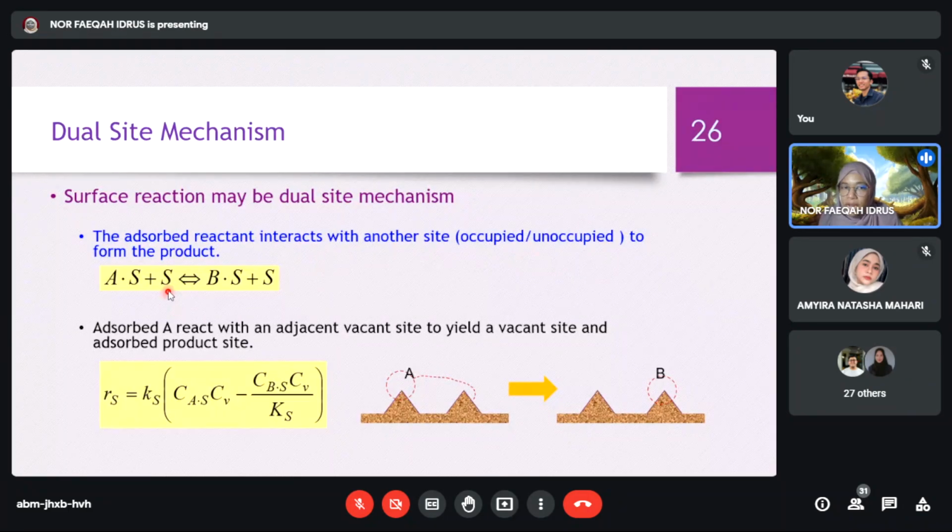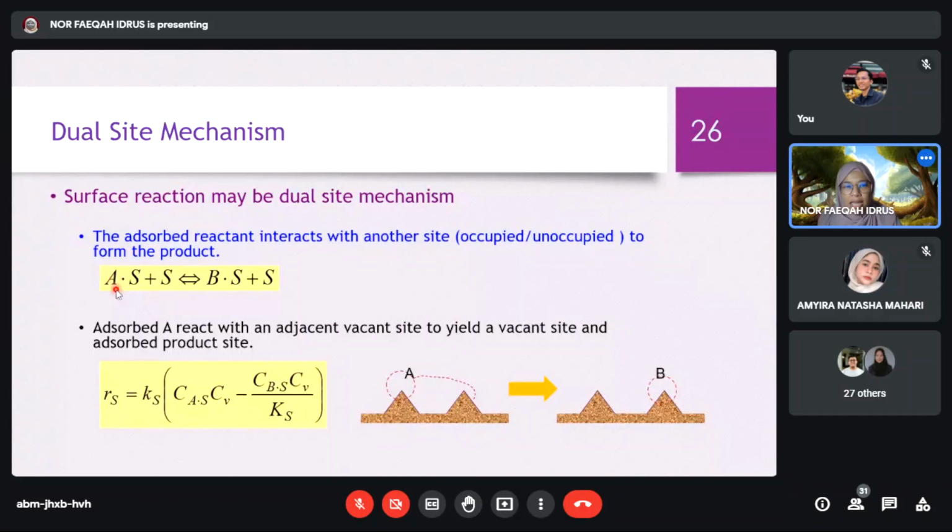During the surface reaction, this is the adsorbed species. During the adsorption earlier, only one species adsorbs onto the active site. But during the surface reaction, it requires another vacant site for the reaction to occur.